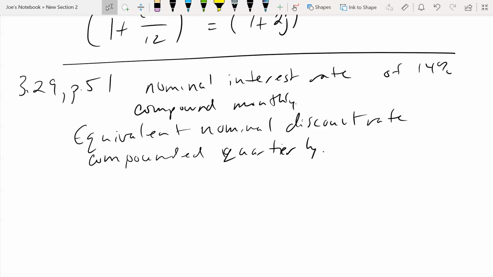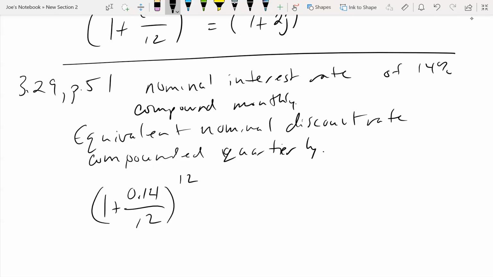It would look like 1 plus 0.14 divided by 12, to the 12th power, right? That would be the value of $1 after 1 year, or an accumulation factor, essentially.